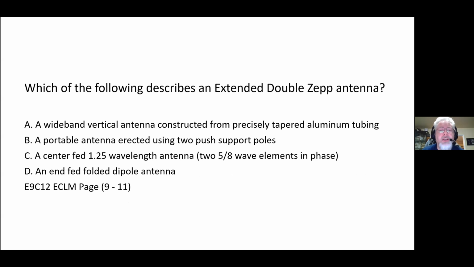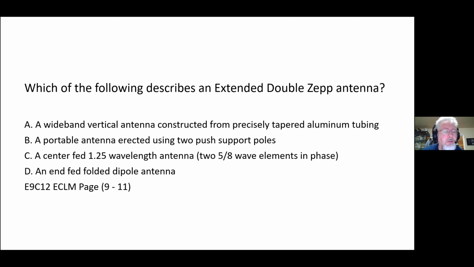Which of the following describes an extended double ZEPP antenna? A, a wideband vertical antenna constructed from precisely tapered aluminum tubing. B, a portable antenna erected using 2 push-up support poles. C, a center-fed 1.25 wavelength antenna, 2 5/8 wave elements in phase.